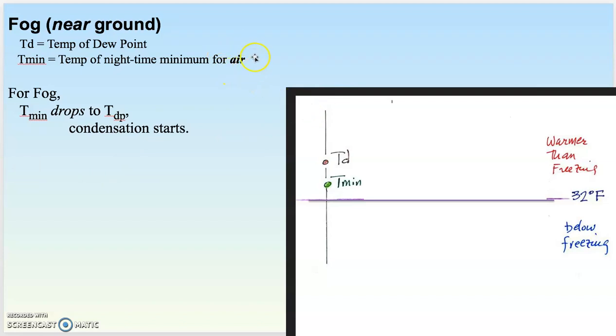You have a temperature minimum for your air parcel that has been dropping overnight. It doesn't have a lot of the radiant energy left from the ground. So the temperature is dropping overnight, it meets the dew point, it goes below the dew point, and condensation is starting in here for the fog.